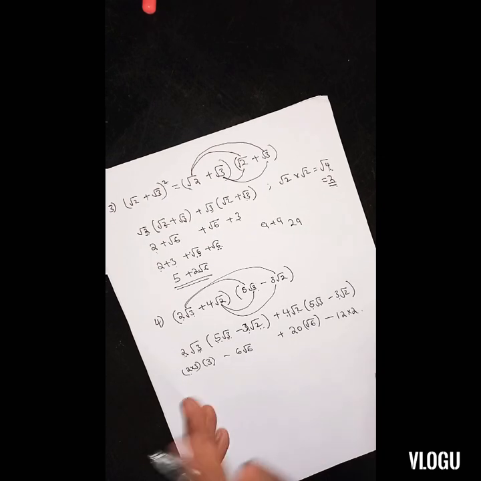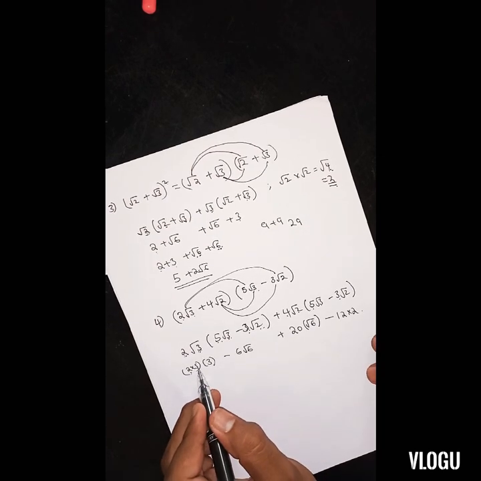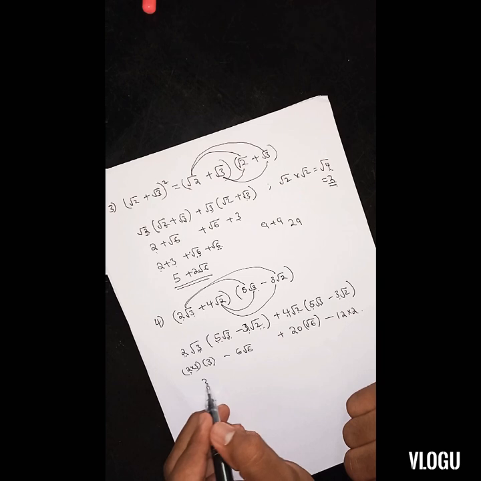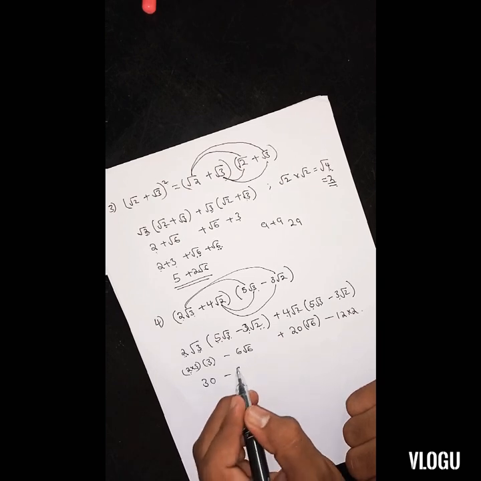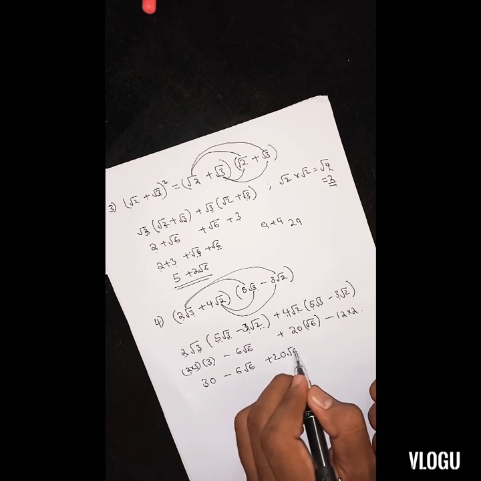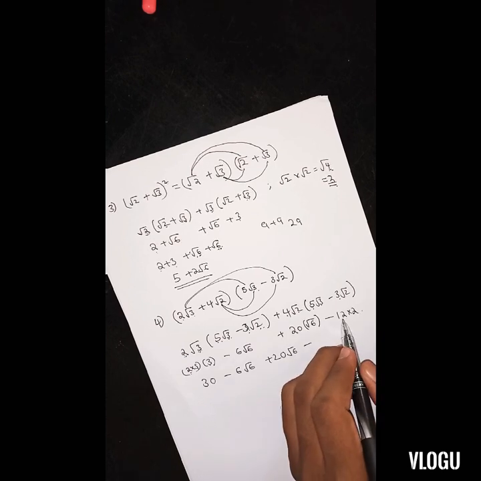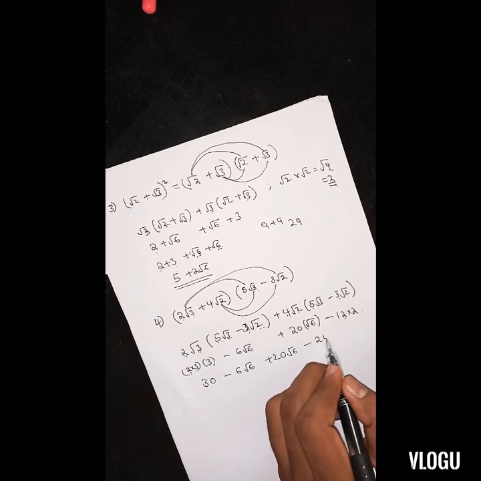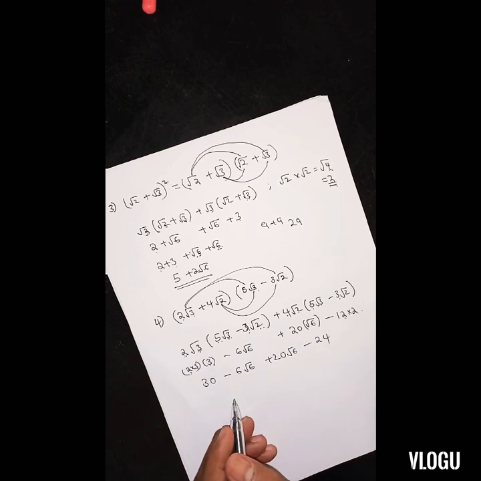Now let's simplify further. 2 times 5 is 10, times 3 is 30, minus 6 root 6, plus 20 root 6, minus 12 times 2, that is 24. Let's collect the like terms together.